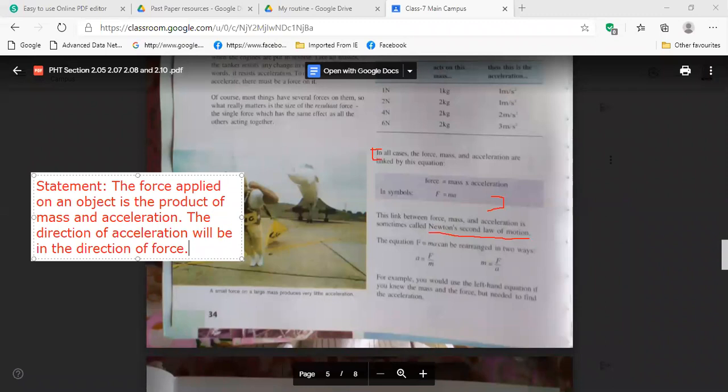In the last 10 minutes we will discuss the test, okay? You already got the test date, right? It is on two very easy sections, 2.05 and 2.07. In the last class, a few of the students were absent.